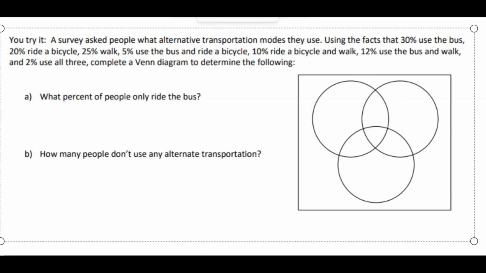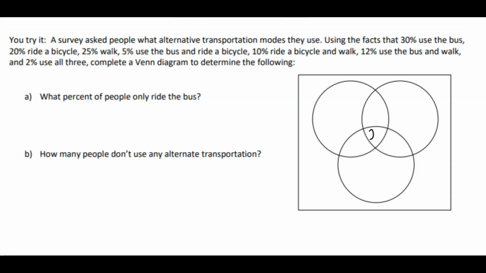Okay, so for the numbers, we have 2% in the middle. This is 3%. Oh, let me write, this is bus. So the way I'm doing it, bike, walk. You could change those up if you wanted to.